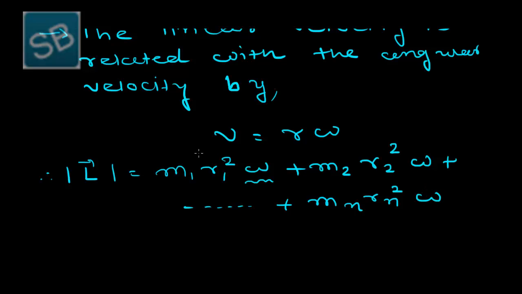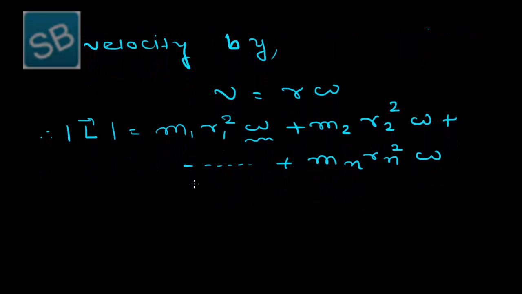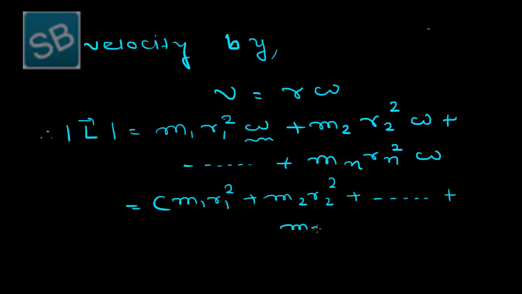Taking the angular velocity common, we will get m1 r1 square plus m2 r2 square plus so on up to mn rn square, into omega. And this bracket value I am considering as capital I.